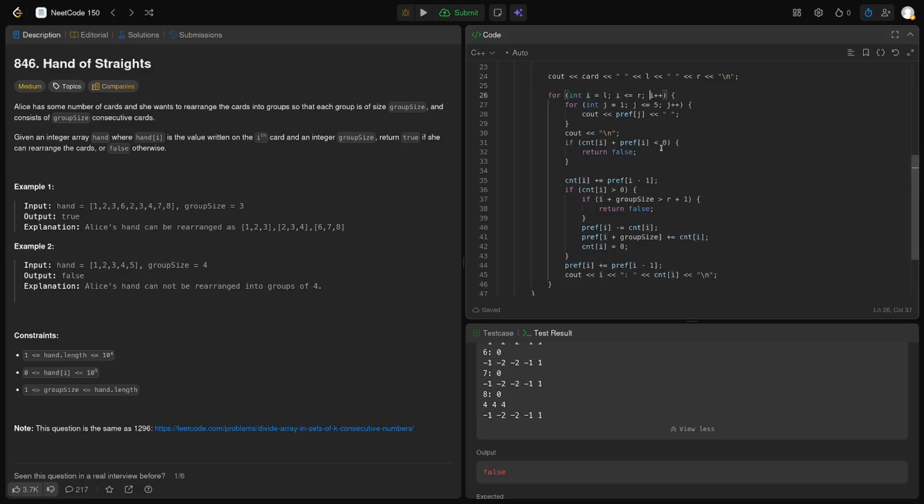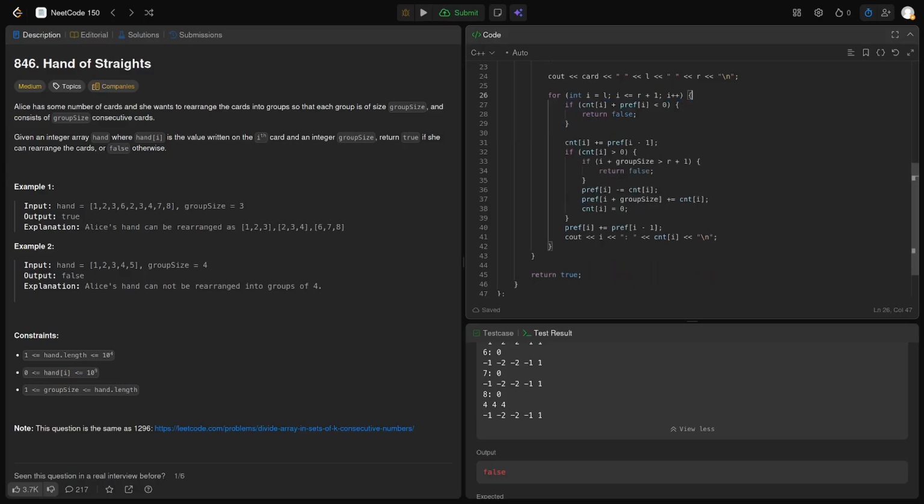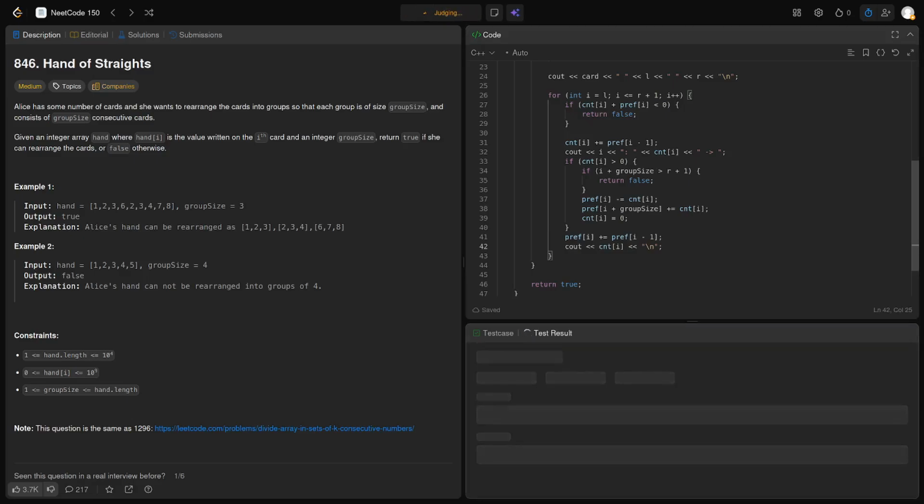Should be our +1, so we actually go to the next element, right? And then do this. Okay, and then solve this. I don't know.